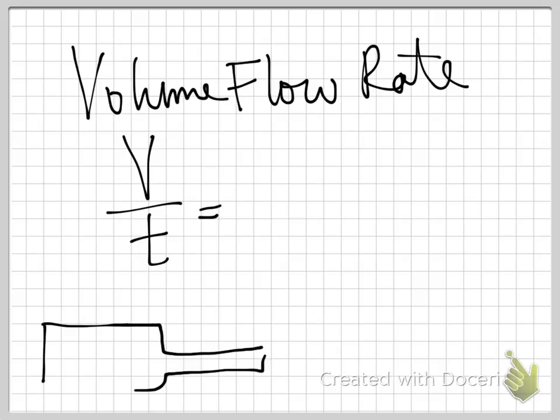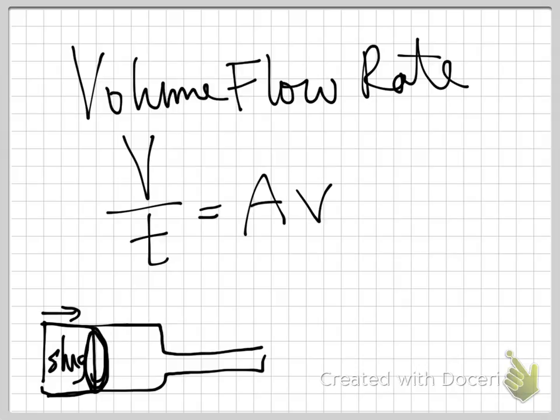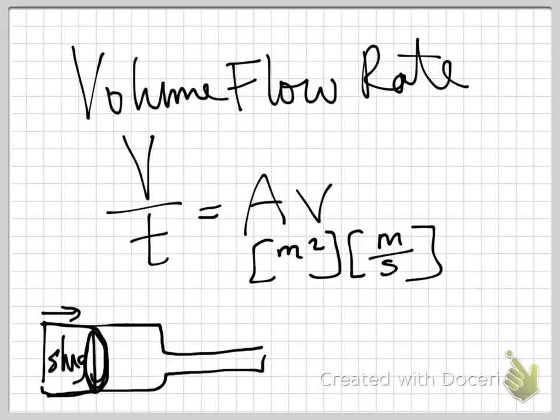But the derivation where you had this slug of water traveling over time, it had to do with this cross-sectional area multiplied by the velocity of the fluid. It tells you how much that slug or that volume moves. And you can always check it with units. It's meter squared times meter per second. Gives you meters cubed per second.